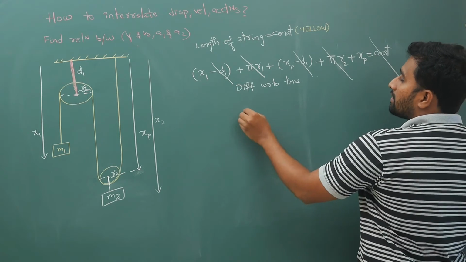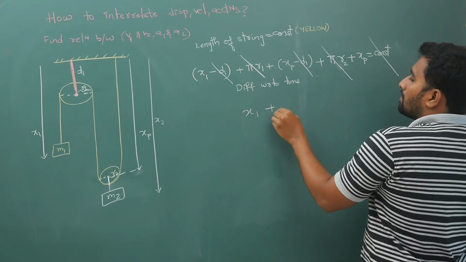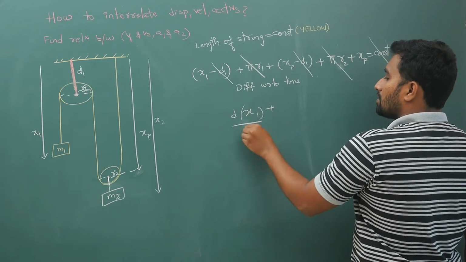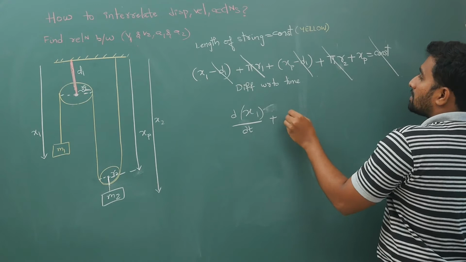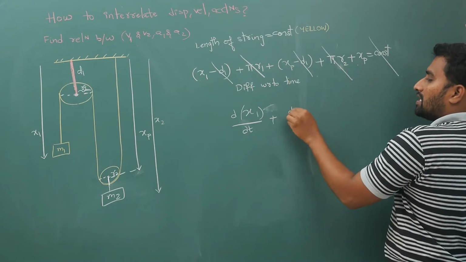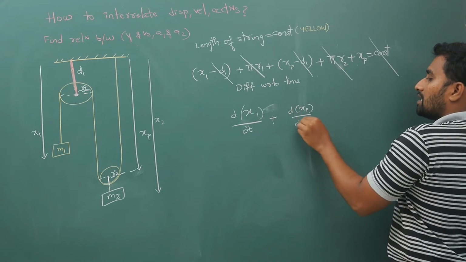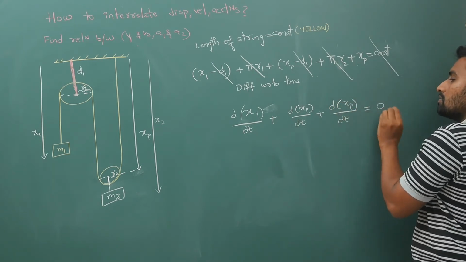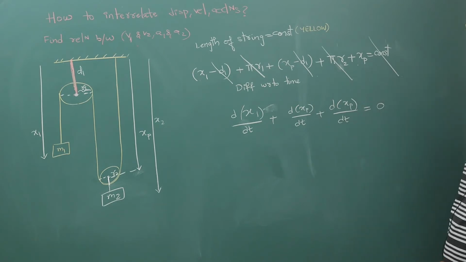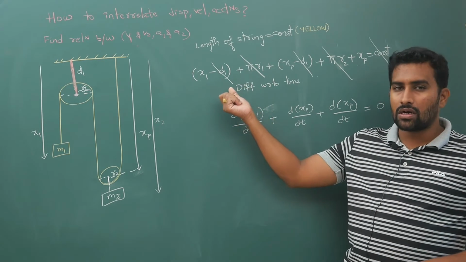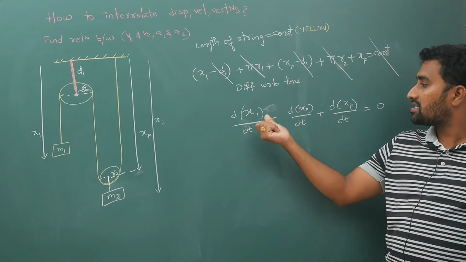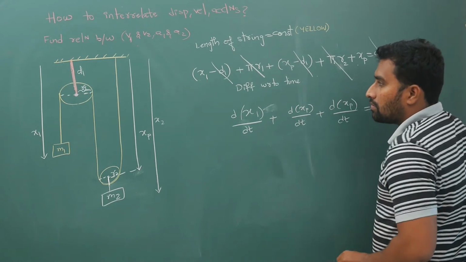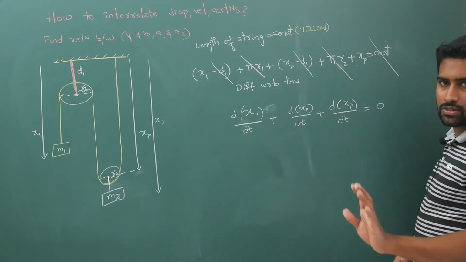So what you finally get is dx1 by dt plus dxp by dt plus dxp by dt is equal to 0. I have just cancelled terms off, but I should not do that. In the next step I am supposed to write 0 plus 0. If you don't want to cancel them, no issues.